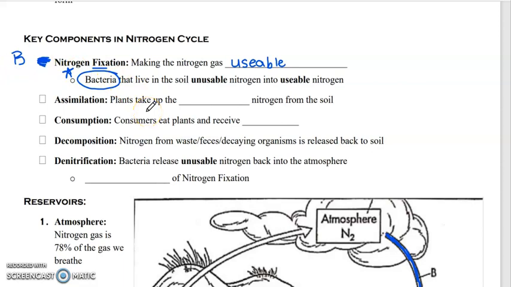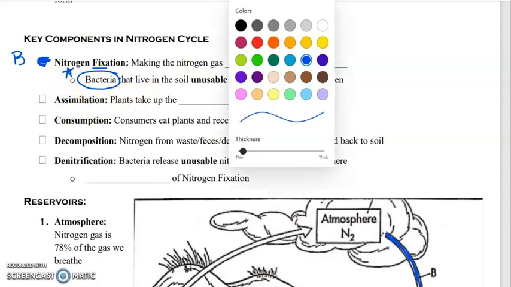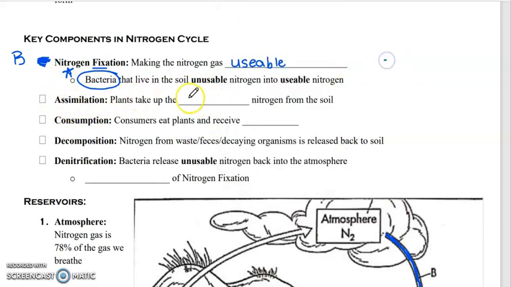Now it's great, right? The bacteria have done this, but how are we going to get it to other living things? So we have a two-step process. The first is assimilation. This is where plants take up this usable nitrogen from the soil. Plants' roots draw up water, but they're also going to draw up some minerals and nutrients.